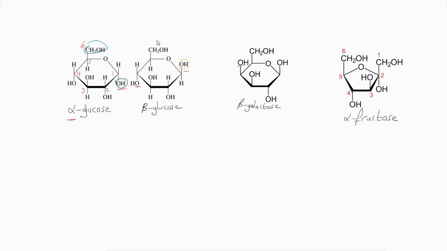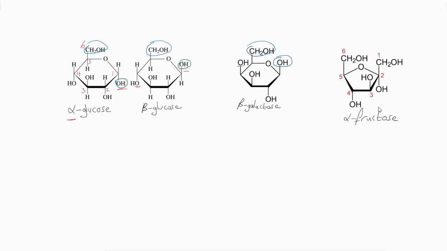Now you can see here that the CH2OH group here and the OH group here are pointing in the same direction. That is beta glucose. You can see the same principle for beta galactose. Here you can see the CH2OH and the OH are pointing in the same direction.